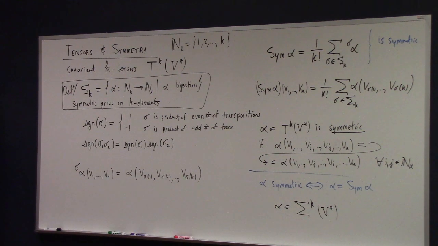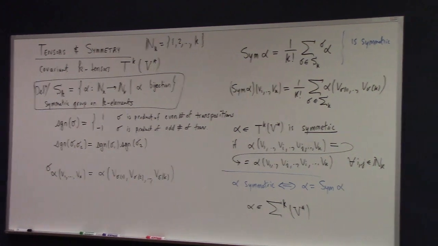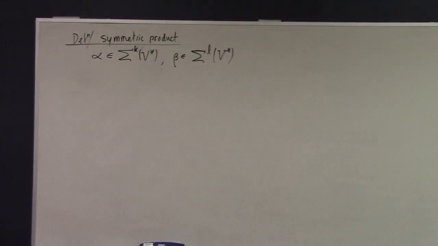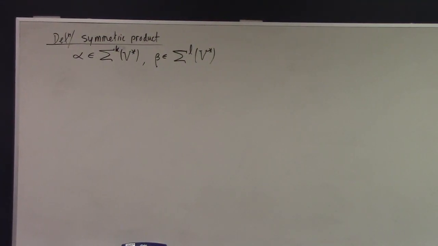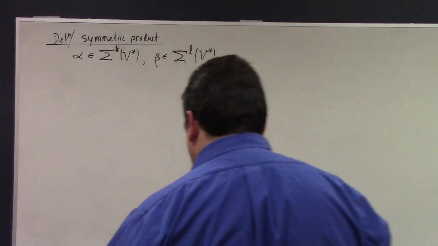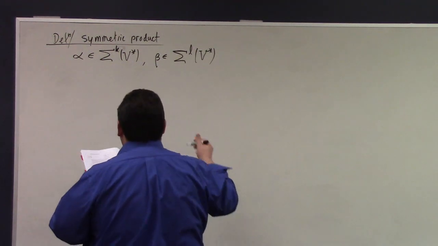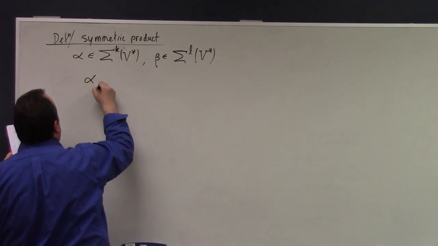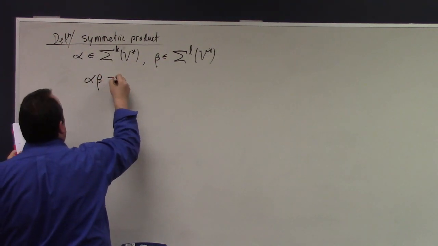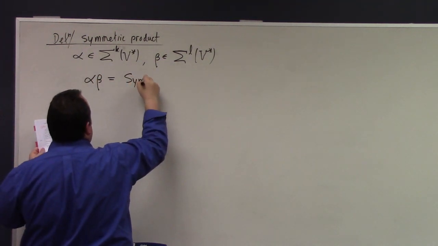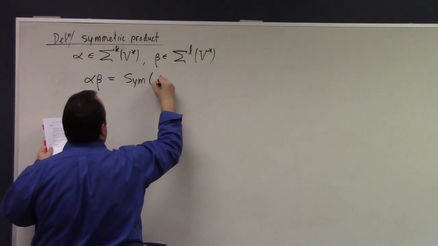So we've got a symmetric k-tensor and a symmetric l-tensor. And you can put those together and make yourself a brand new symmetric (k plus l)-tensor. Here's the notation for it: alpha beta is equal to Sym of alpha tensor beta.